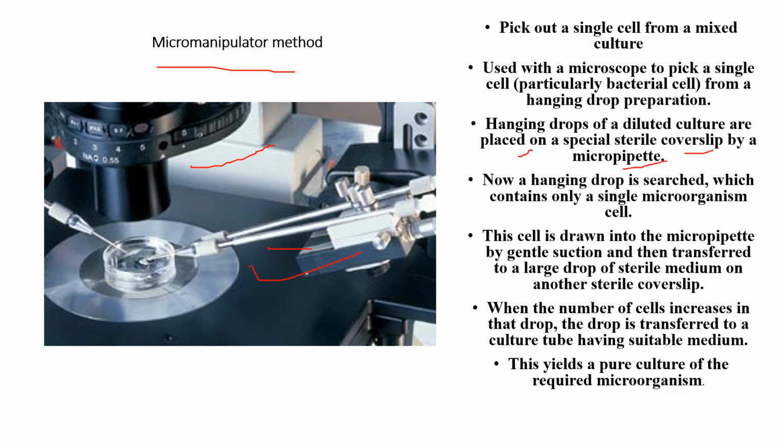Now a hanging drop is searched for containing only a single type of microbial cell. This cell is drawn into the micropipette by gentle suction, then transferred to a large drop of sterile medium on another sterile cover slip. When the number of cells in the drop increases, it is transferred to a culture tube containing a suitable medium. This yields a pure culture of the required microbial cell.